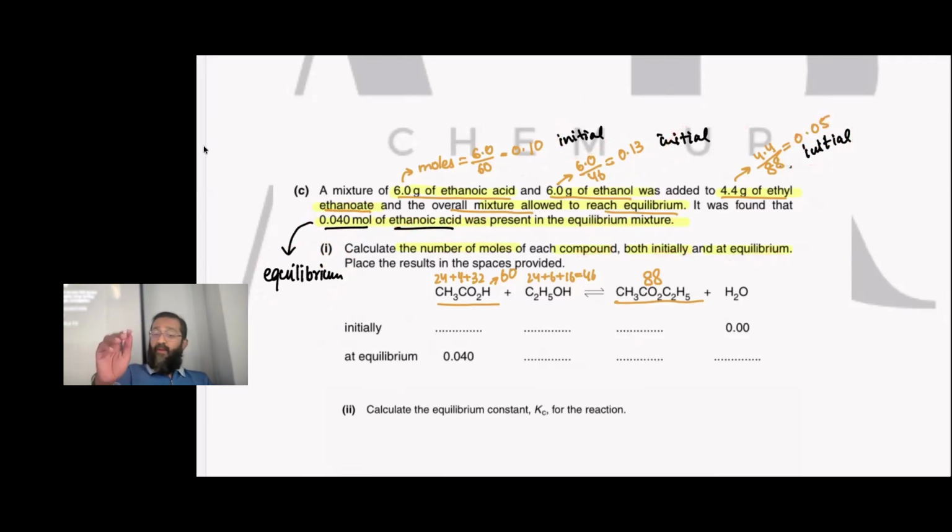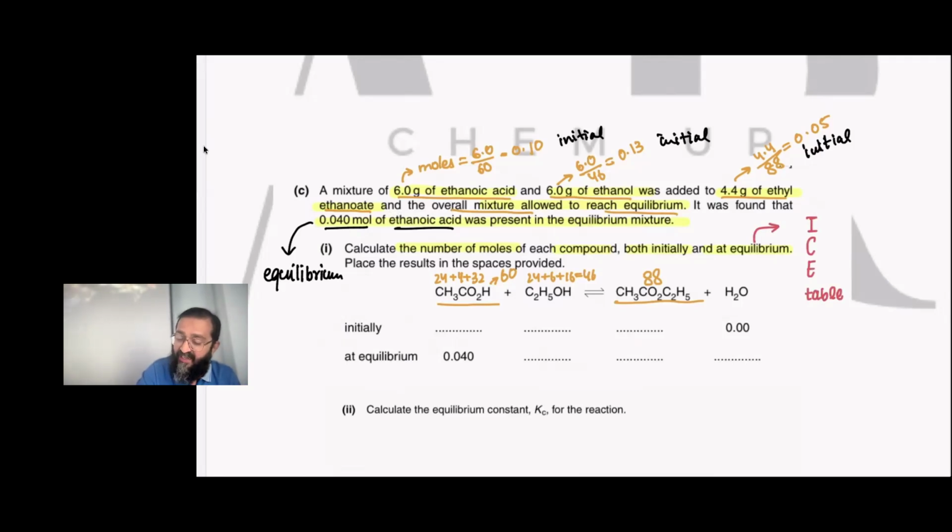So remember, whenever you need to calculate the amount of any substance at equilibrium, you always go for an ICE table. You will draw an ICE table, and if you follow the steps of the ICE table, then you will be able to get the amounts of substance at equilibrium.